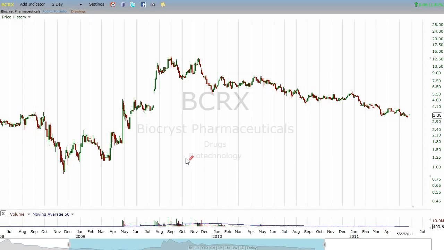The term consolidation actually means a pause in a move that creates some sideways action that then leads to a resumption of the move that took place before that pattern was formed.